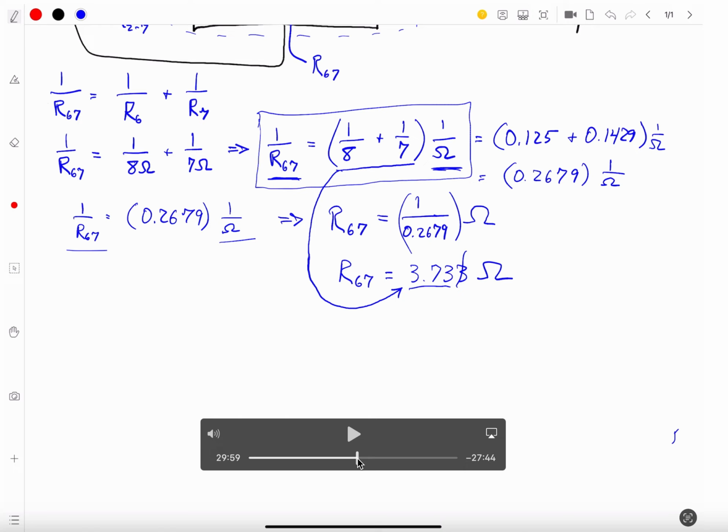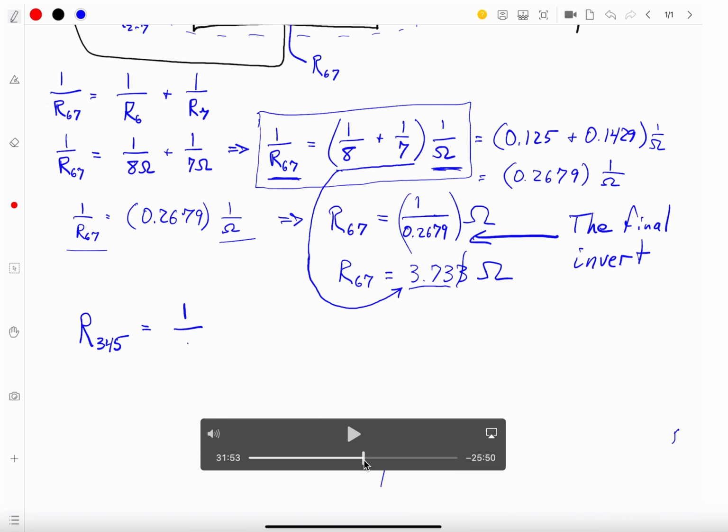That's the first step after my arrow there. We've inverted it, so R67 is in the numerator, the ohms are in the numerator, but that throws the 0.2679 into the denominator. Then you invert that number, giving you your 3.73 ohms. That is the final invert right there.